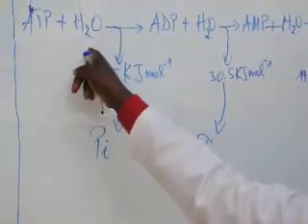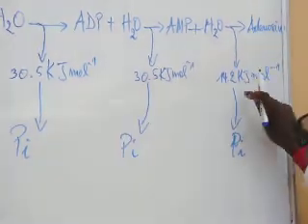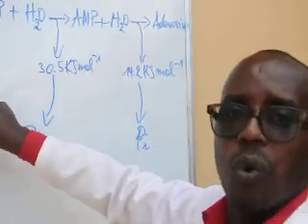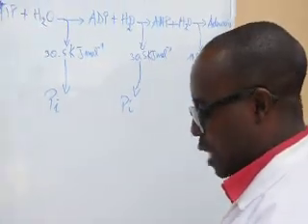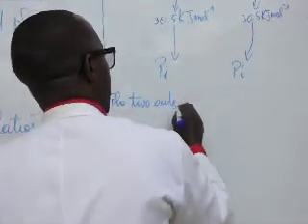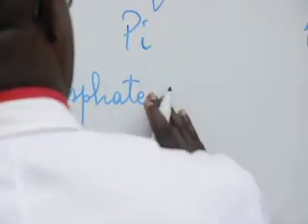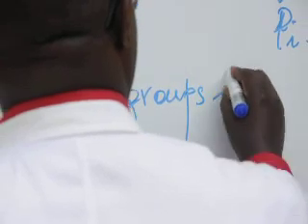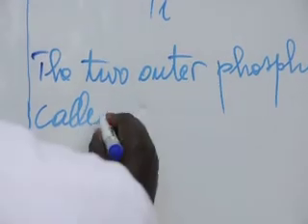Each breakdown of a bond between phosphate groups releases energy, but the last one releases less energy than the first two bonds, so the two outer phosphate groups are called high energy bonds.